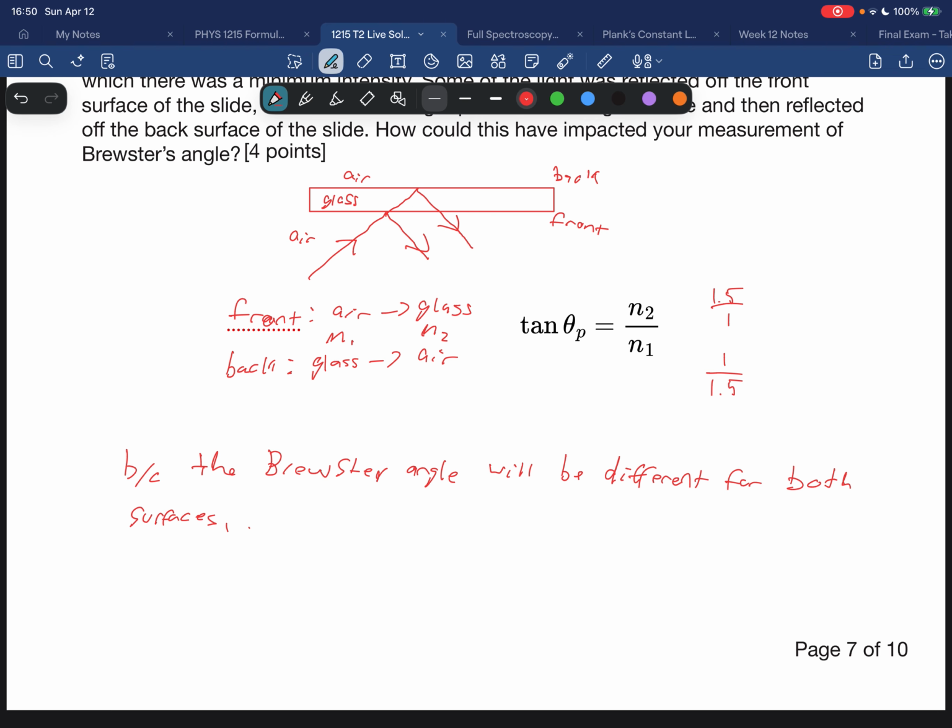It may make it more difficult to find the point of true minimum intensity.